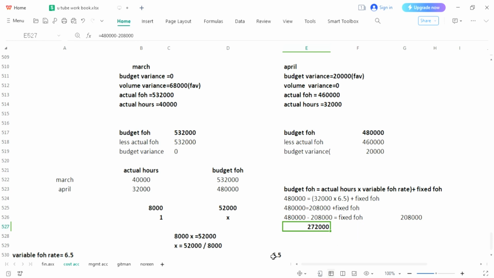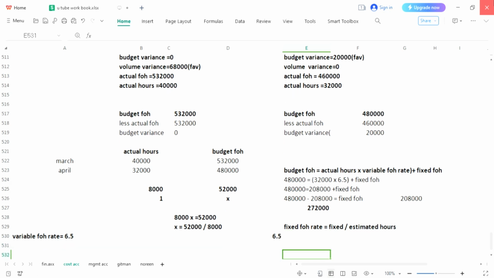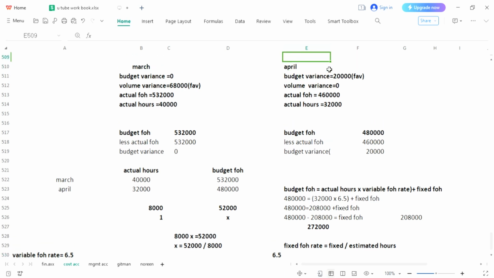Up till now, we have calculated variable FH rate, and we have calculated budget FH. Now it's time to calculate another thing, which is fixed FH rate. Fixed FH rate is calculated by fixed FH divided by estimated hours. For the time being, we are using the month of April. As you can see, all information related to April we are calculating.